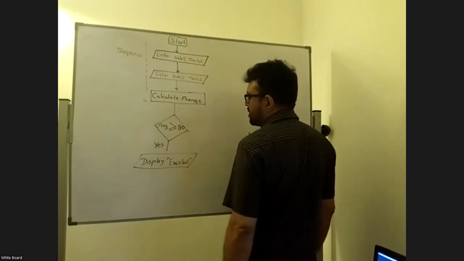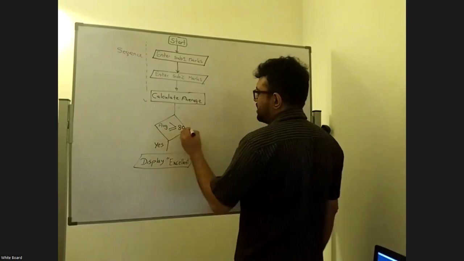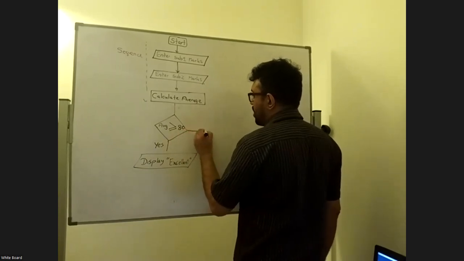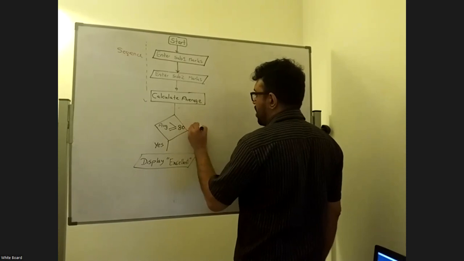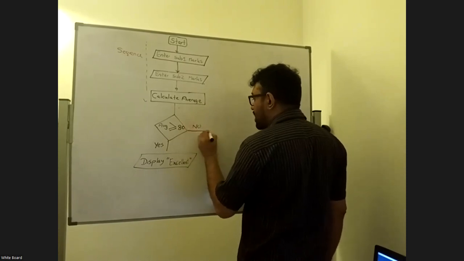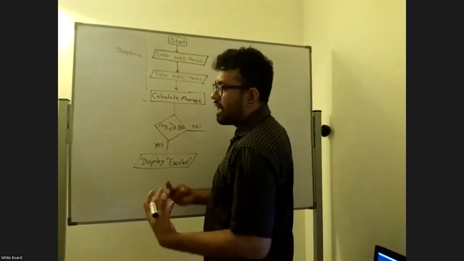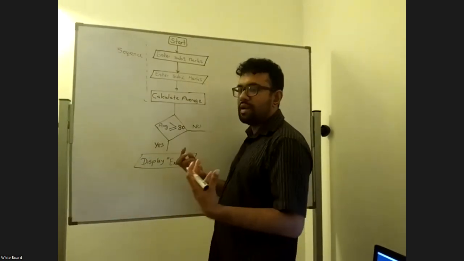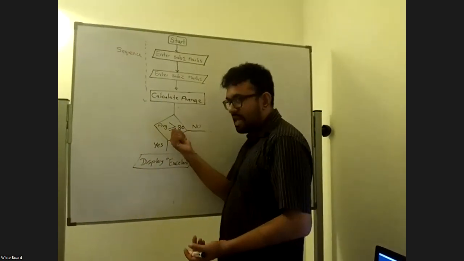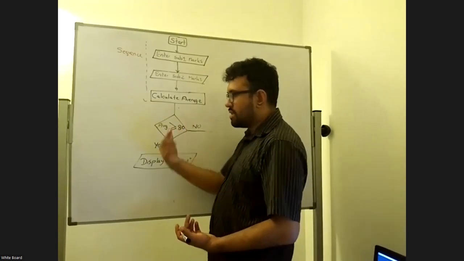And display excellent. If it is no, you have to now do another check. There is no limit to putting these checks again and again. So now you have to perform another check. What is that check?